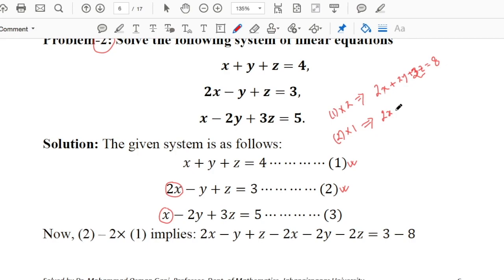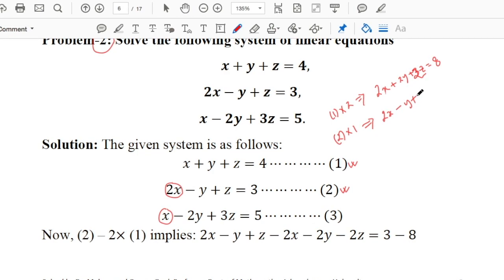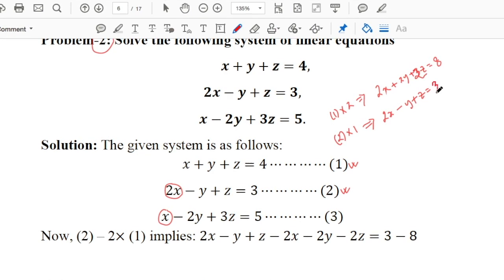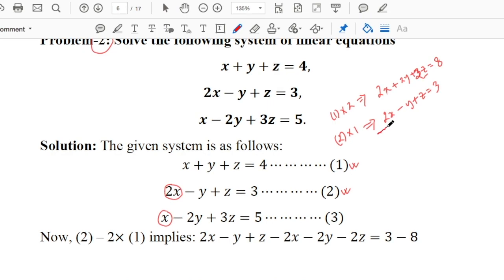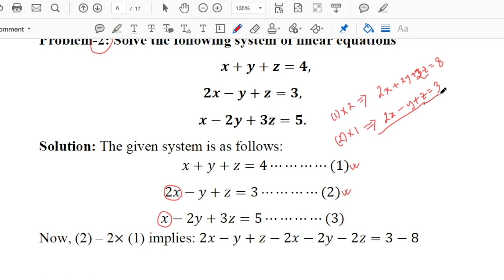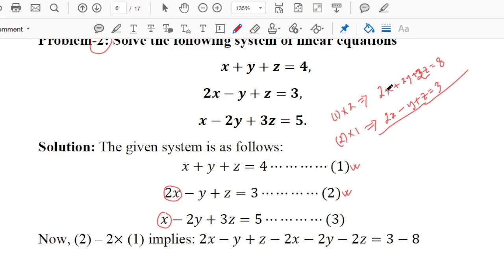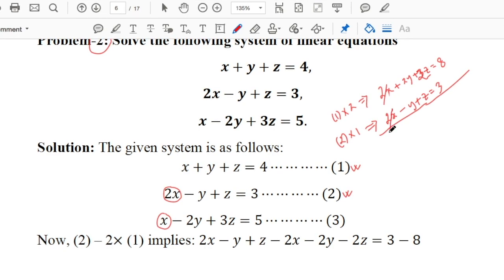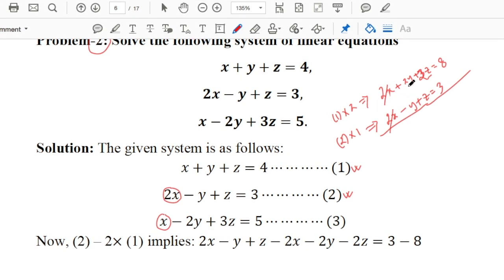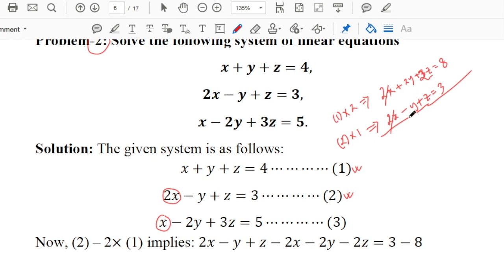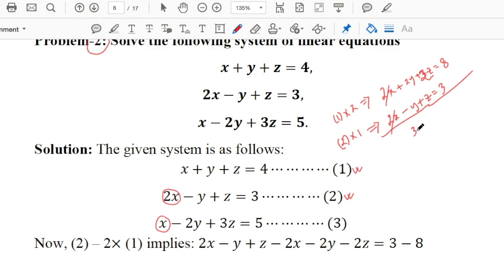That gives us 2x minus y plus z is equal to 3. Now let us subtract the second equation from the first one to eliminate x. 2x and 2x will cancel, and 2y minus y gives 3y.